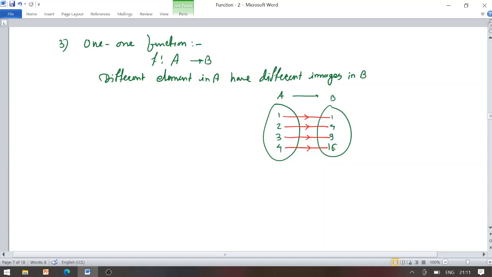Now what about the into function? Into, same as compared to your into relation.